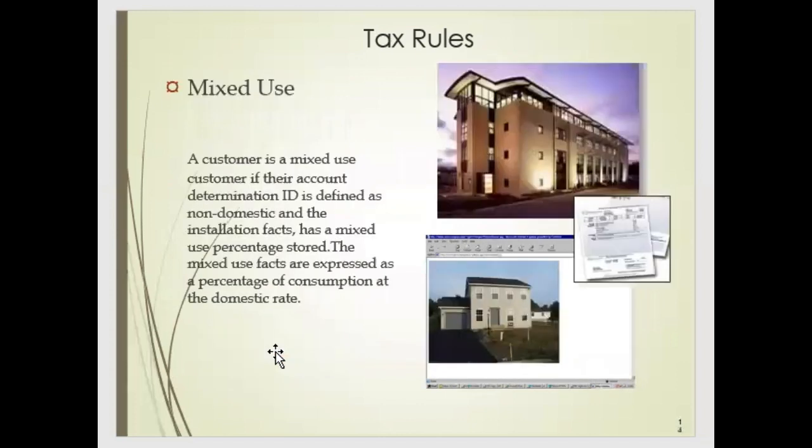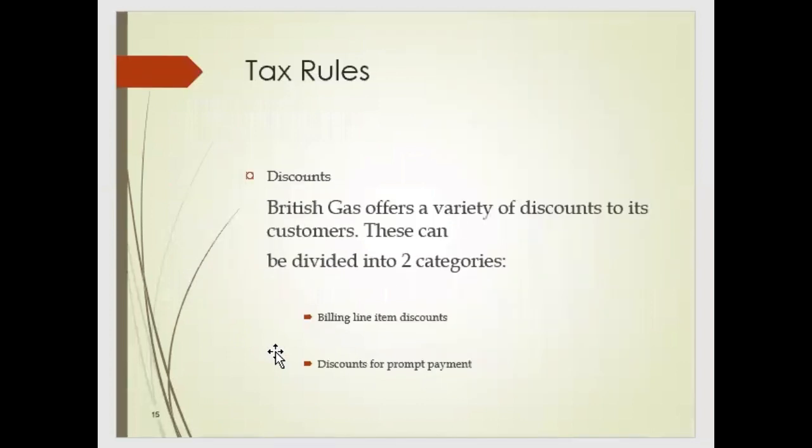Some countries, if the house is older than 20 years, will put more tax. Okay, why? Because if it is older than 20 years, the energy consumption will be more, particularly in Europe, because all the houses are made of wood.